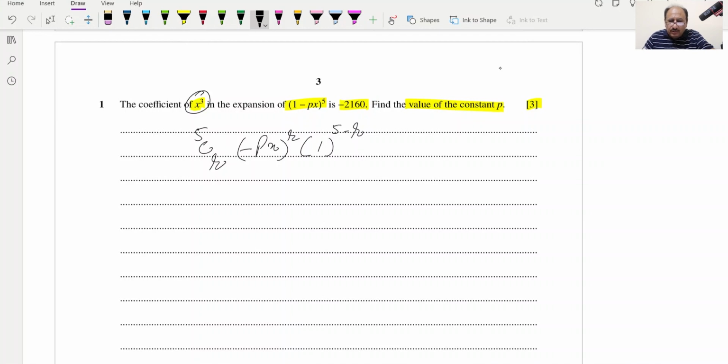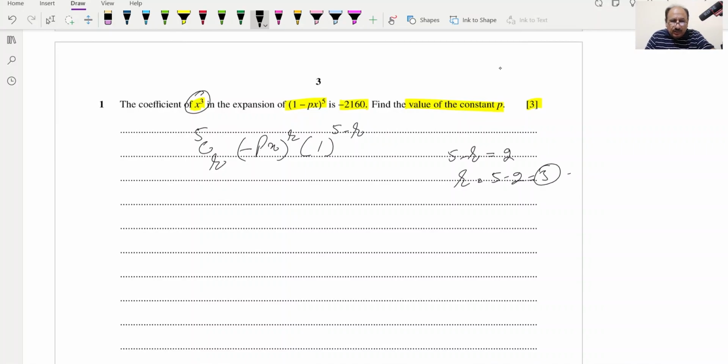We require x squared, so r will be equal to 5 minus 2, which is equal to 3.